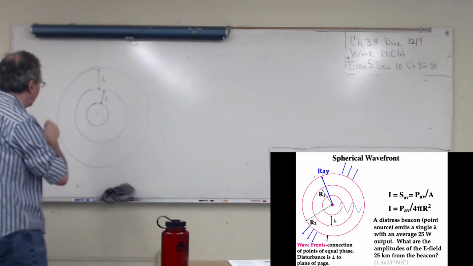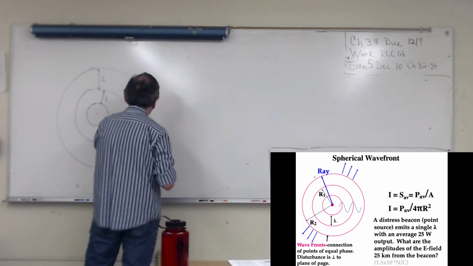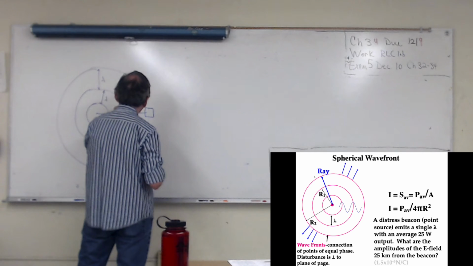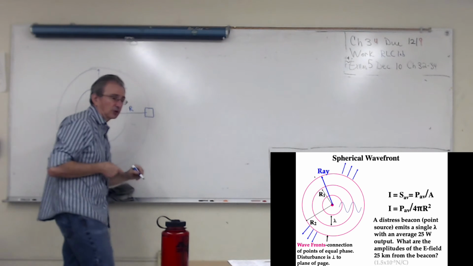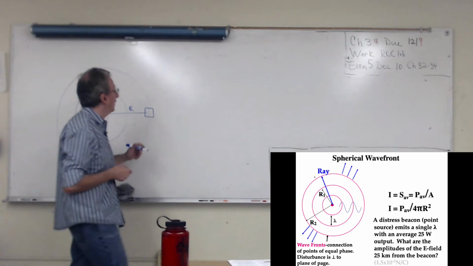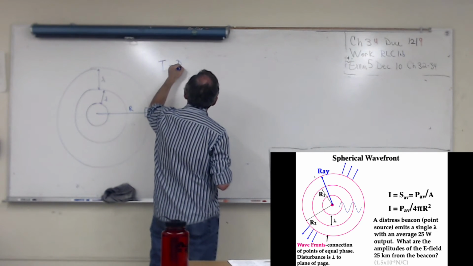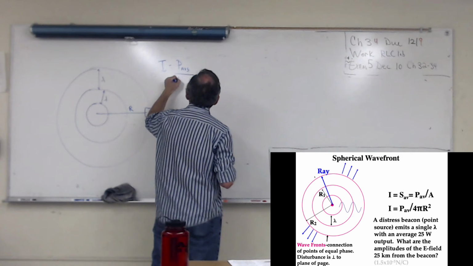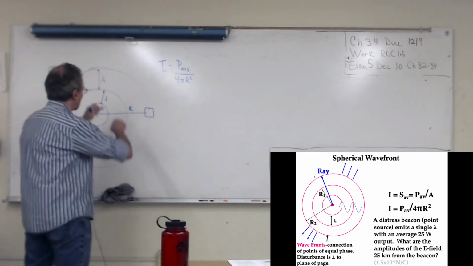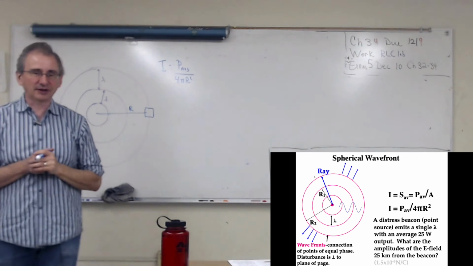Now, as you get further and further away from the source, the energy gets distributed over a larger area. That's why we define the intensity as the average power per unit area. And we're talking about the area of the sphere. All the problems we're going to do, we're going to assume spherical surfaces, okay?